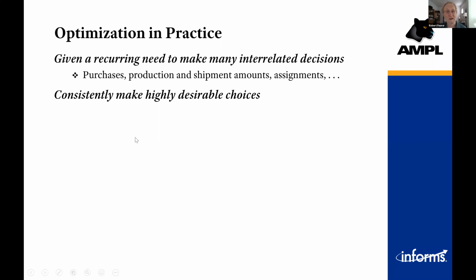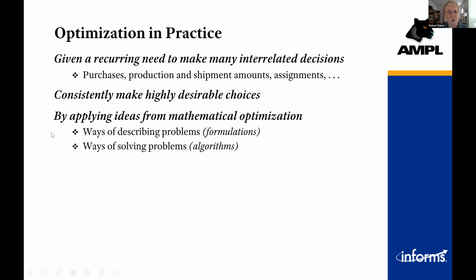Given this recurring need, each time you want to make highly desirable choices among these decisions. And to do this, you want to apply ideas from mathematical optimization. And these will be ways of describing problems or formulations, and ways of solving problems or algorithms. So there's mathematical optimization in what I call optimization, but there's also a fair amount of practical problem solving.